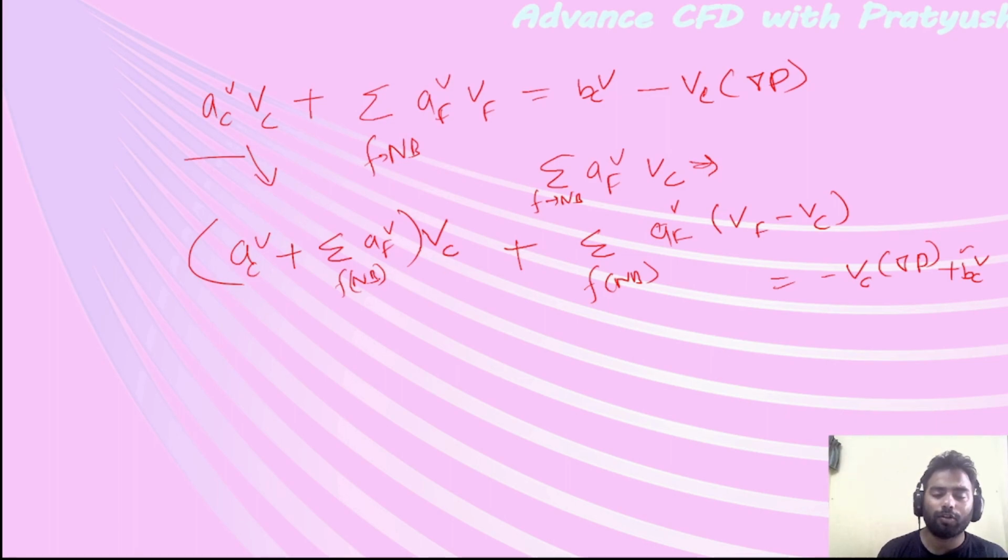Now as we used to do in the simple schemes, we divide this complete equation into all the terms.